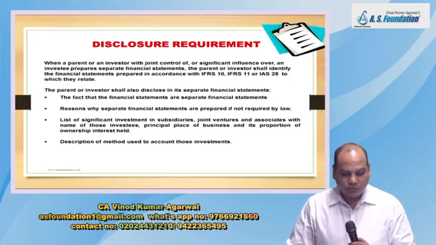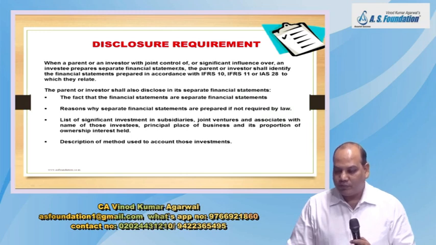Then, when a parent or an investor with joint control of or significant influence over an investee prepares separate financial statements, the parent or investor shall identify the financial statements prepared in accordance with IFRS 10, IFRS 11 or IAS 28 to which they relate.